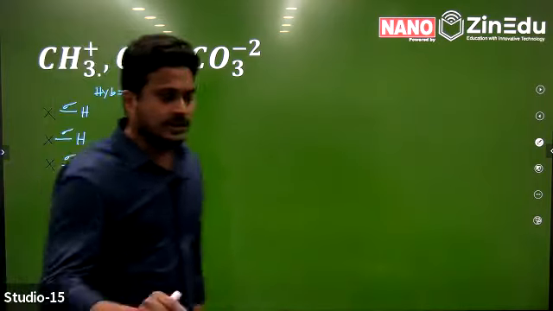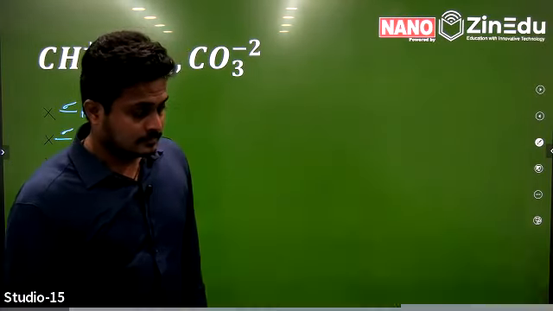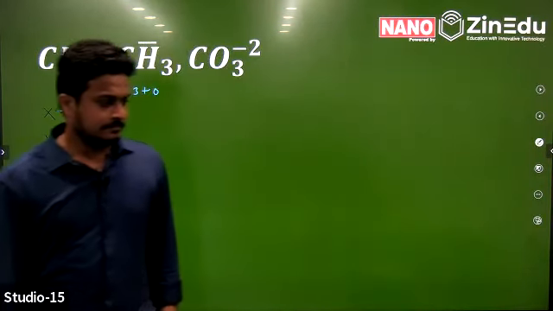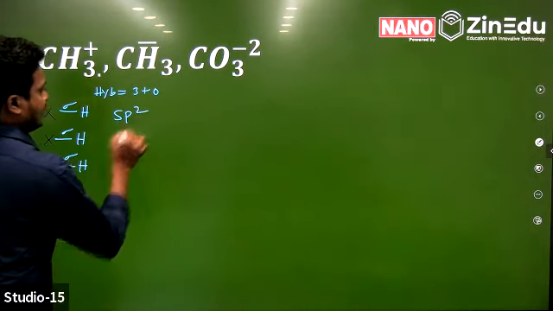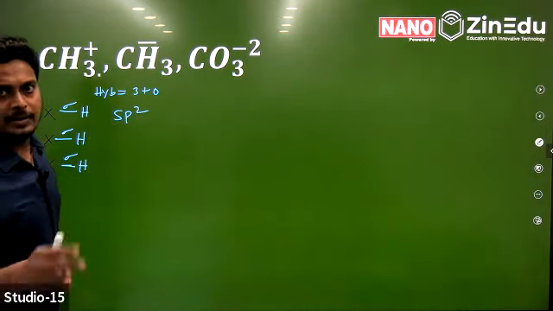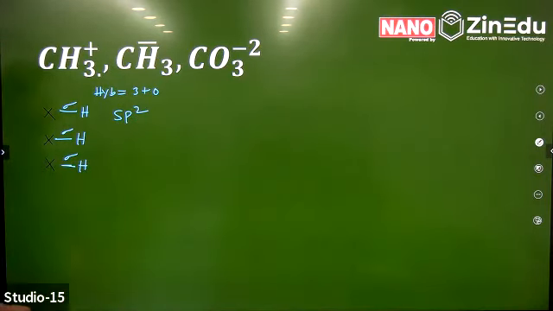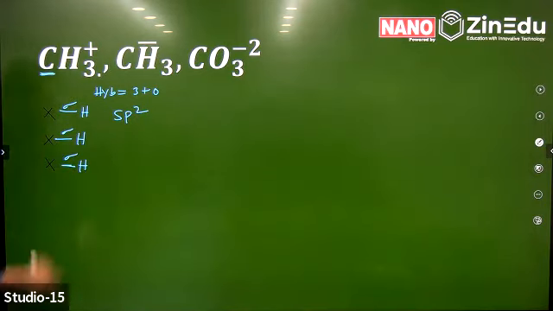If the total count is 3, then the hybridization is sp2: one s orbital, 2 p orbitals, total 3. So the hybridization of carbon in a carbocation is sp2.